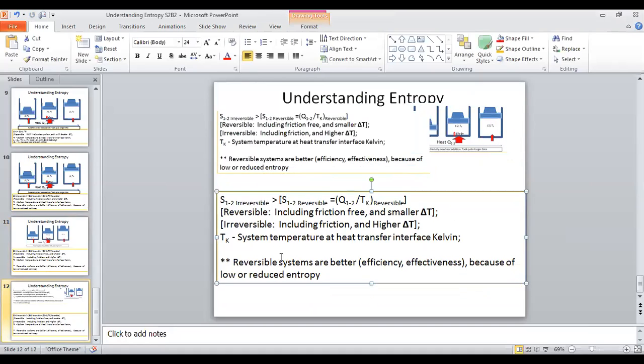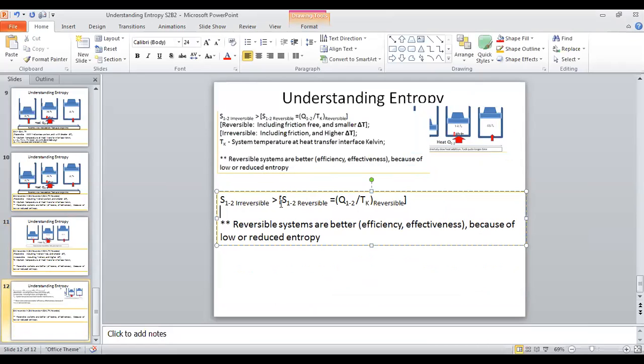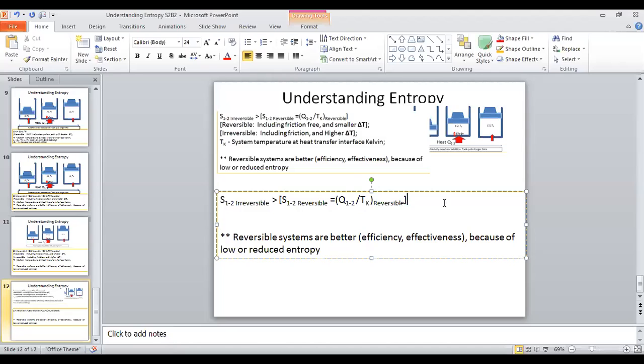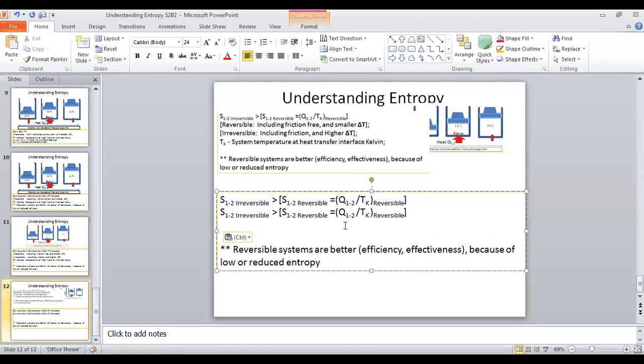Now here, you can see that S1 is greater than S12 reversible. Based on this, we can come for a general expression. Instead of S1 reversible, I will write here just S12. So I hope you will agree with this.